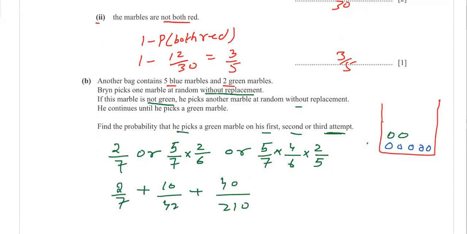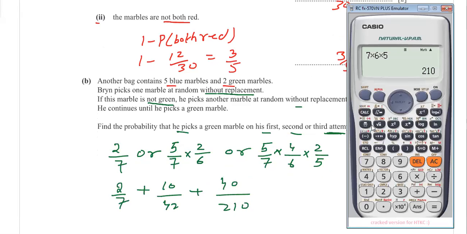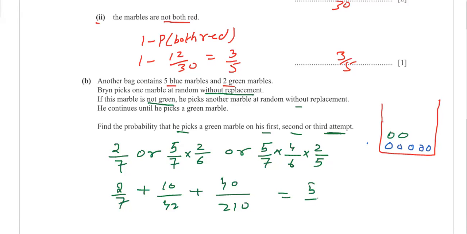Let's calculate this: 2 over 7 plus 10 over 42 plus 40 over 210, so it's 5 over 7. This probability is 5 over 7.